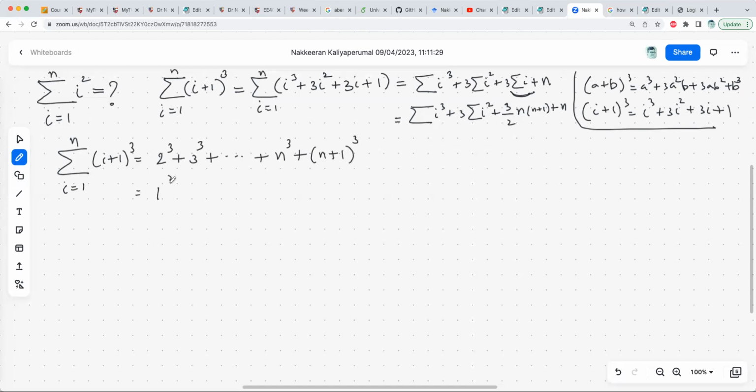Now add the 1 cubed plus 2 cubed plus 3 cubed plus up to n cubed plus (n plus 1) whole cubed, minus 1 cubed.